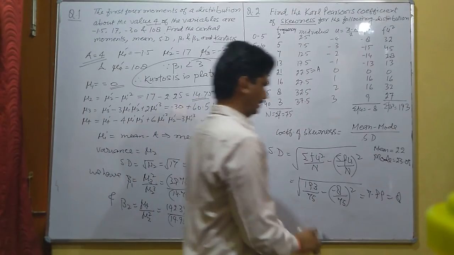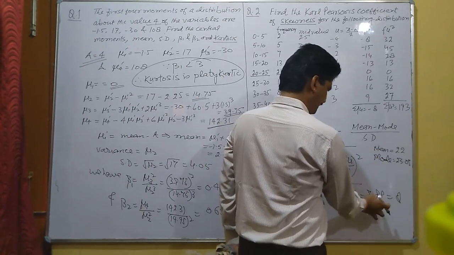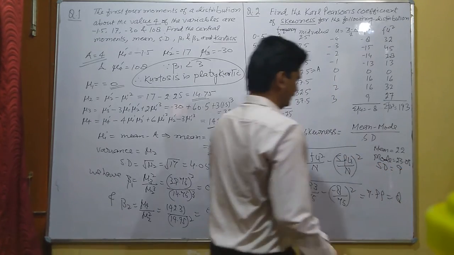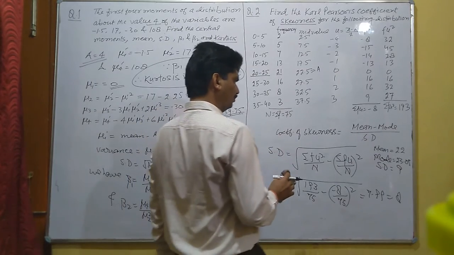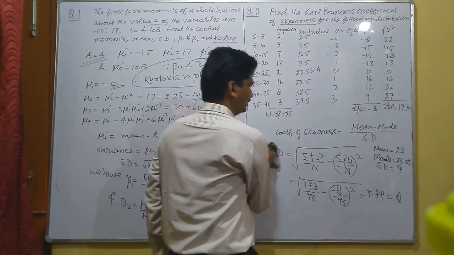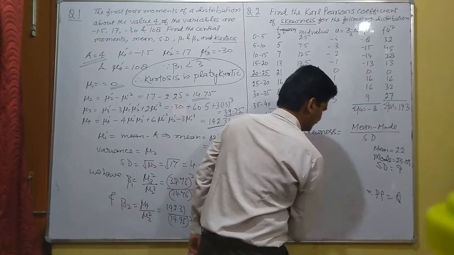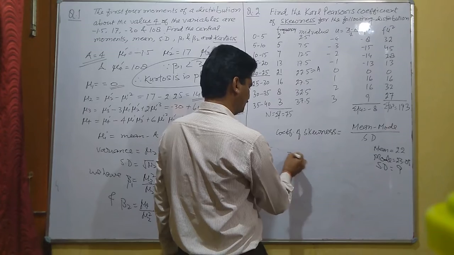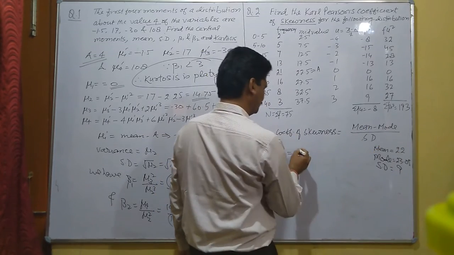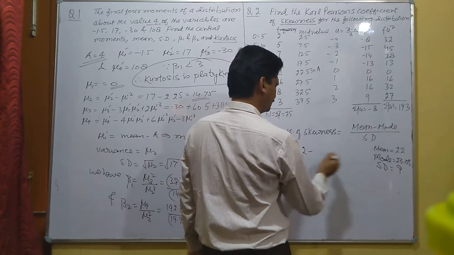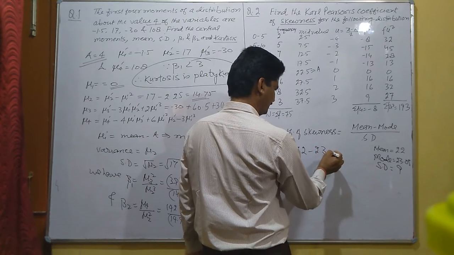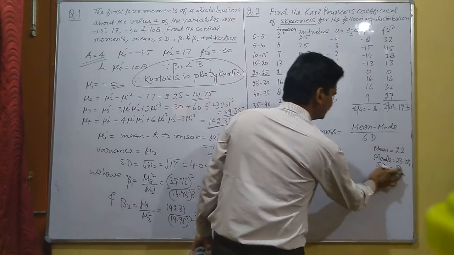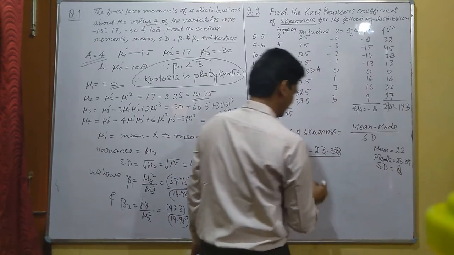Now putting these values of mean, mode and standard deviation in the formula, the coefficient of skewness equals mean, that is 22 approximately, minus 23.05, upon 8.